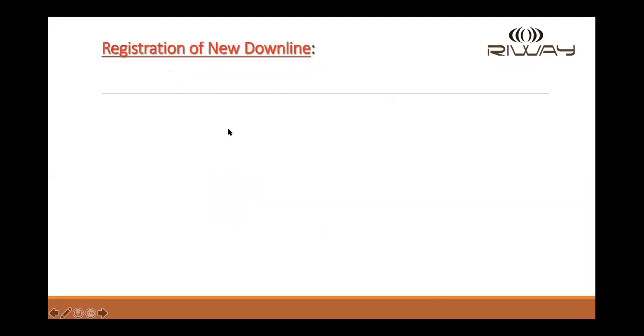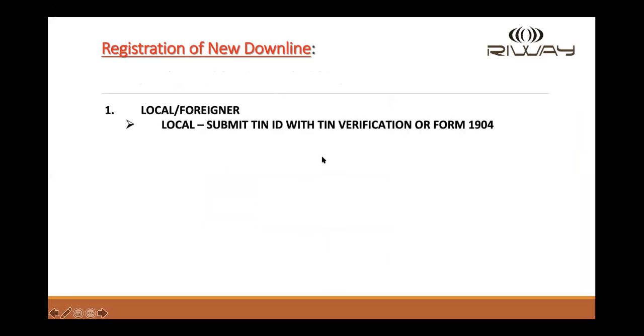So now, the registration of new downline. Why local? Why foreigner? Let me make it very, very clear to you right now. Local: you submit TIN ID with TIN verification or form 1904. Now, in the event you get a TIN ID from a customer that has no picture, then you make sure that you take a photo of another ID that has a picture to support the document.